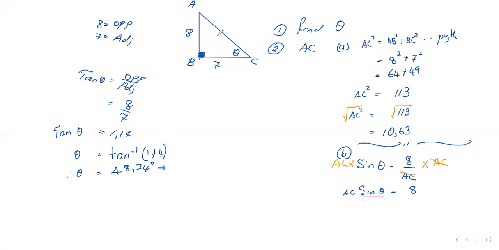We got our theta here as 48.74. Therefore, divide right through by the sine of theta. Therefore, AC is going to be 8 divided by the sine of my theta, which was 48.74.